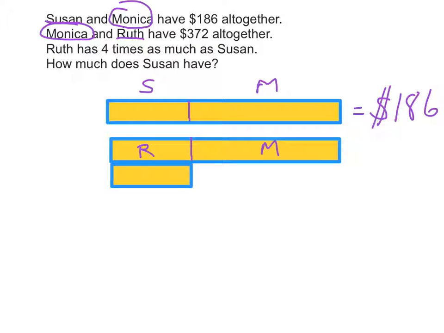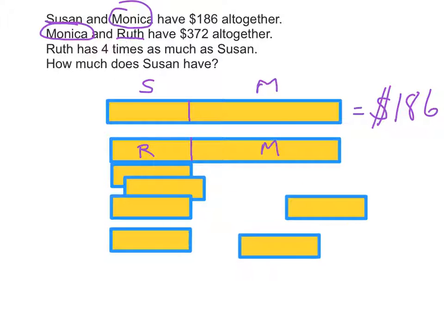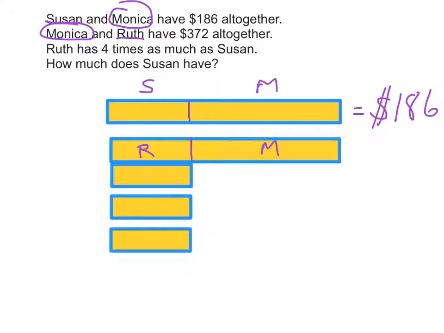Now let me see if I can copy that one and organize these correctly. Goodness, looks like I have way too many. Let me get rid of some of these because they're going to be in the way. Okay.